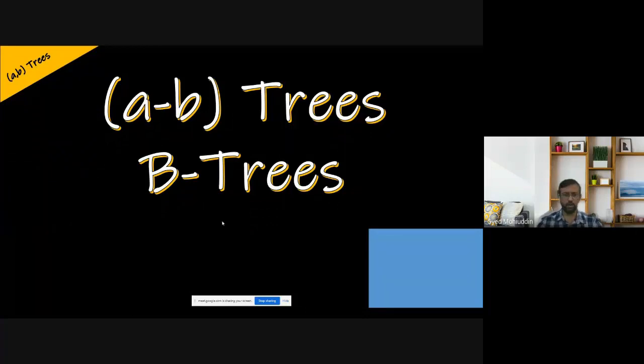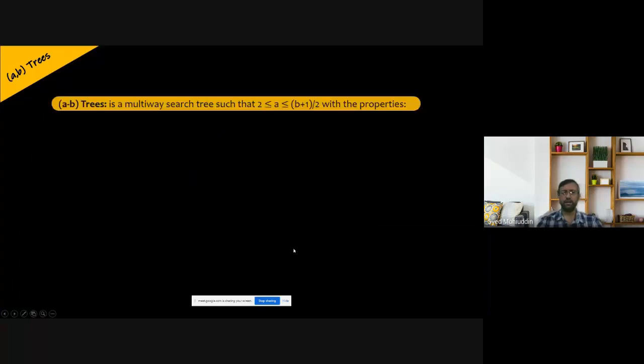Now, just like we have binary trees, which have at most 2 children, then we have binary search trees, which also have at most 2 children, but there is a condition that the left child is less than the root and the right is greater than the root or its parent.